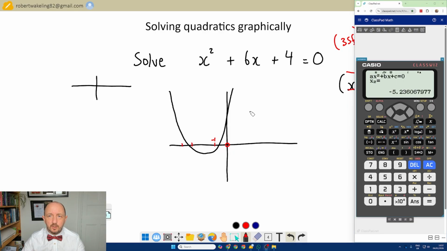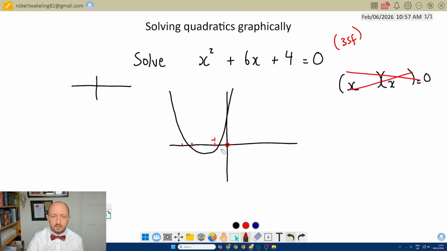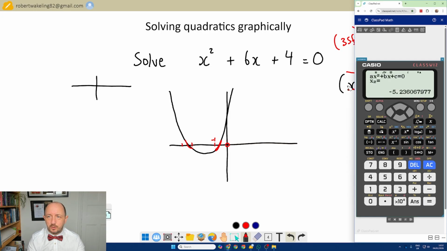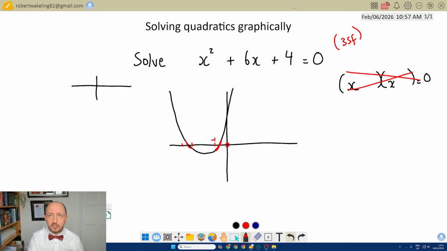So we know exactly where this graph should cross, and we may need to change this slightly to make it more accurate and in line with those two numbers. We can make that more accurate, and they might say to 1 decimal place in the exam. So the actual answers here, minus 5.2 and minus 0.8, would be what we should have. Make sure that you've got these answers correct.